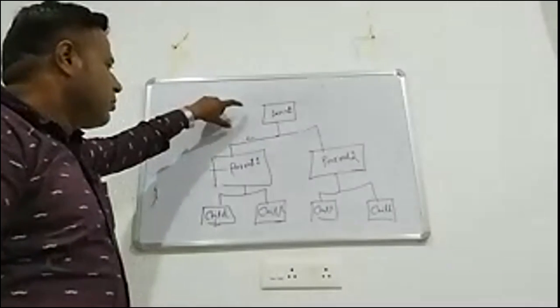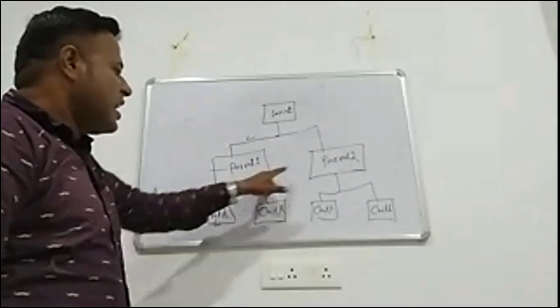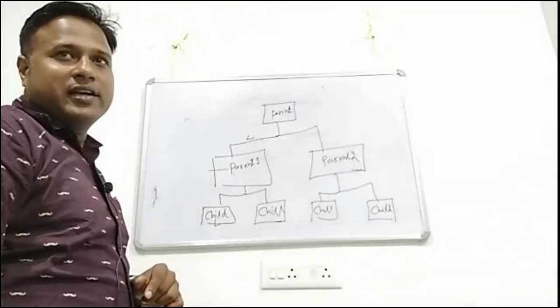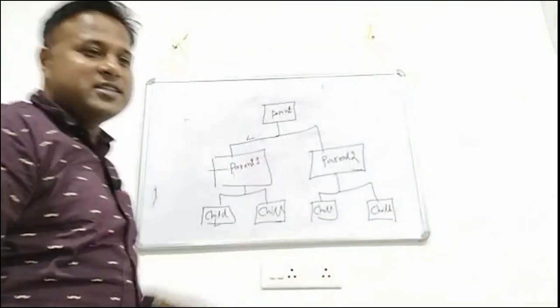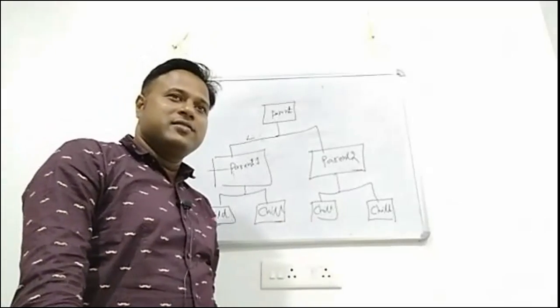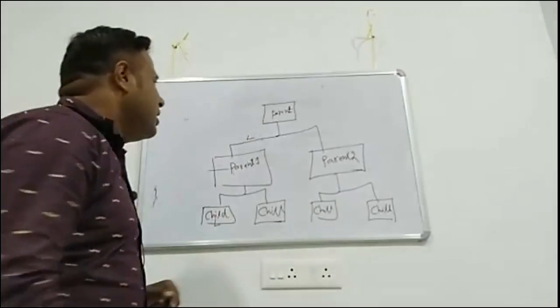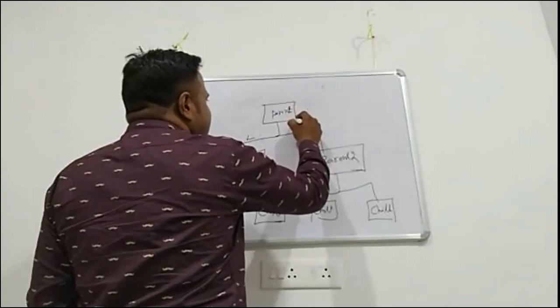Every time the parent class is derived from another parent class. Every time the parent class is derived to the child class. This is called your multi-level inheritance.